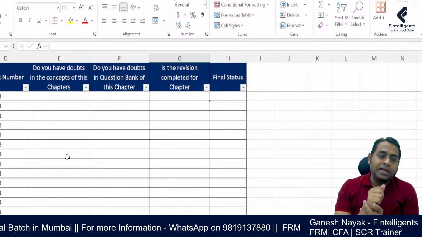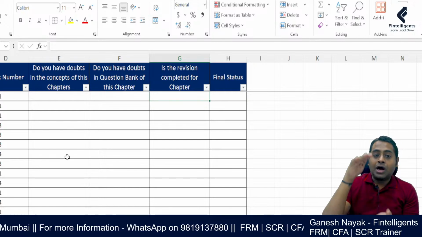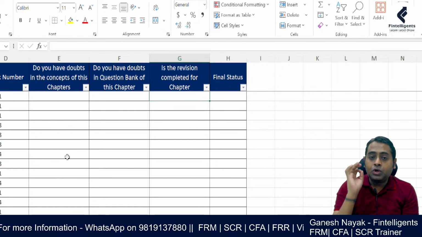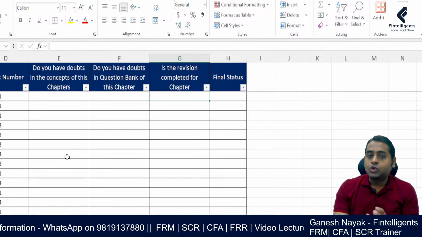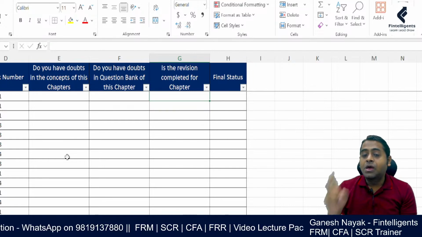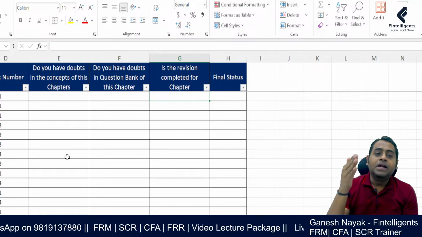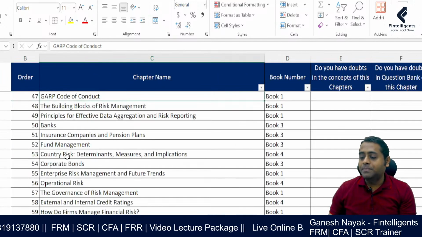Make sure that you write it down, because when you're doing the overall analysis, you have to identify, out of the total 62 chapters after your first revision, the top 20-25 chapters that you have to focus on in the second revision. So your first revision should become the base for your second revision, which is going to happen very fast in the next 10 days. That is what the overall revision plan looks like.